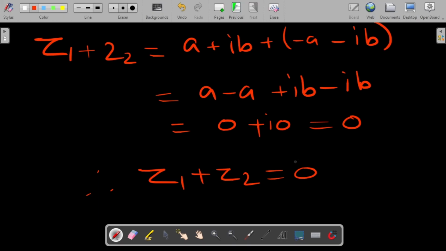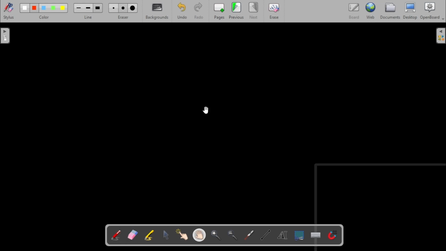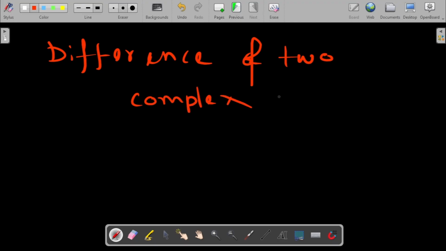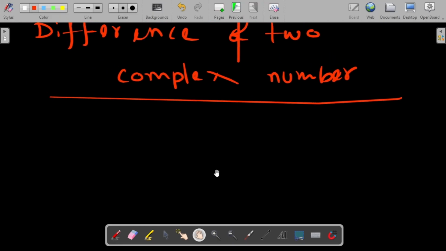Now I'll discuss the difference of two complex numbers. You all know how to find the difference of two real numbers.